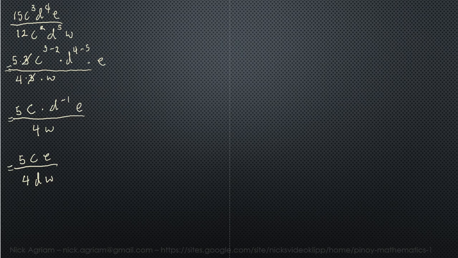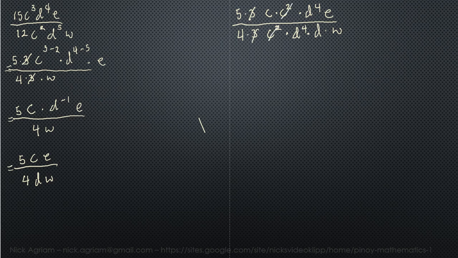Your book did another method. Maybe I can explain. We have 15, it's the same, 5 times 3. They did this one: c times c squared, and then we have d raised to 4 e divided by 4 times 3, and then we have c squared, and d raised to 4 multiplied by d because we have d raised to 5, and then multiplied by w. So the 3 will go, we cancel that.